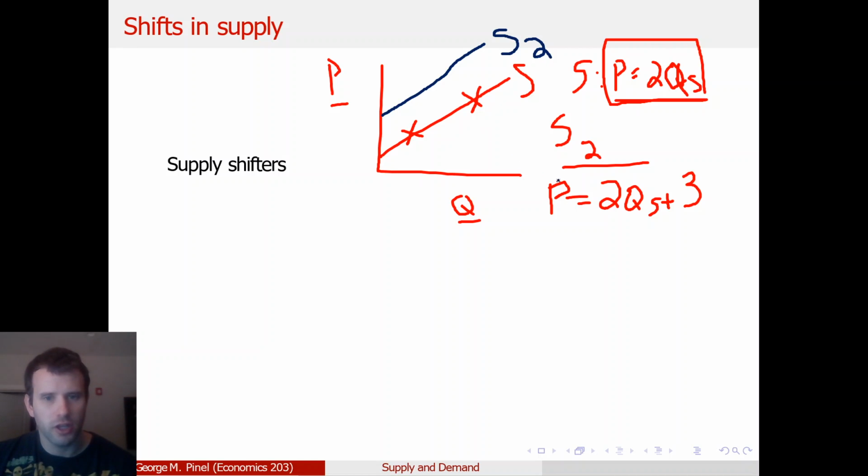For the same quantity supplied as before: before, this point here was quantity equals 1, price equals 2, and this was quantity equals 2, price equals 4, along the original supply curve. Now, when quantity equals 1, what's the price? It's 2 times 1 plus 3, so that's 5. So 1, 5.